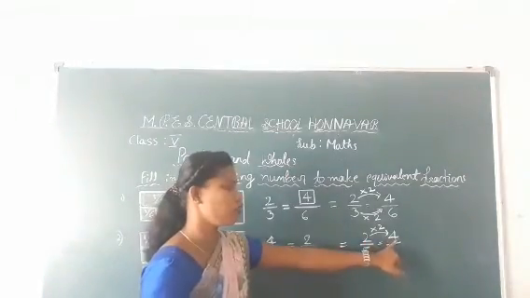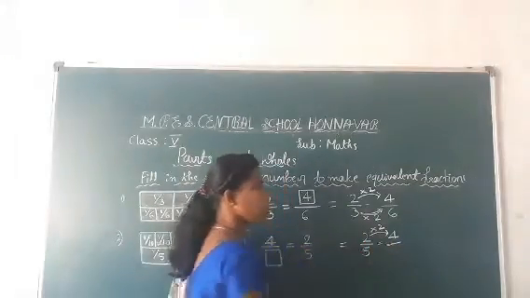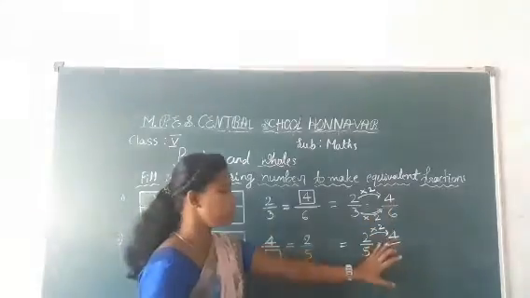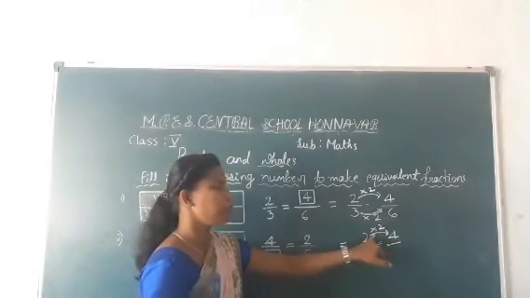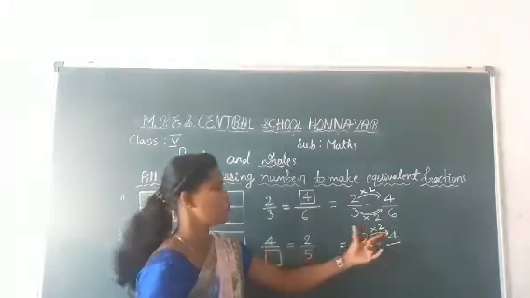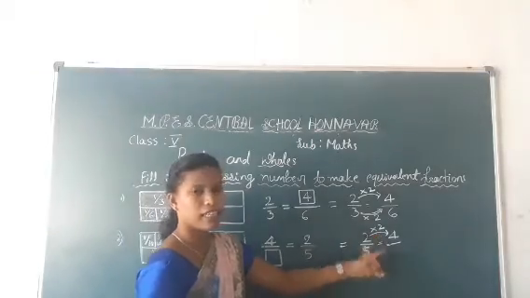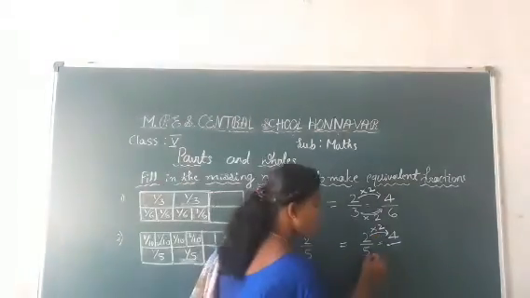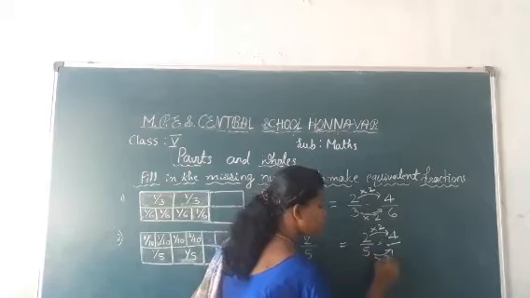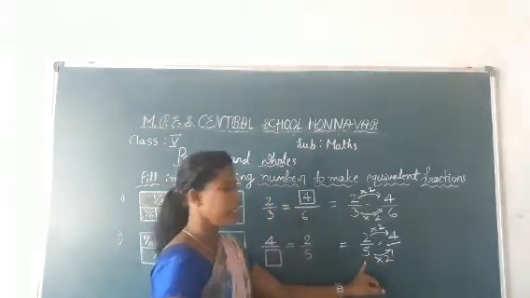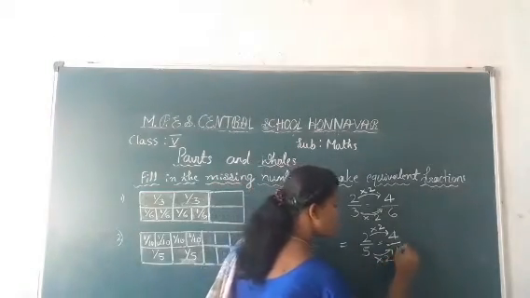2 2s are 4. So we know an equivalent fraction is what we get if you multiply the same value in the numerator as well as the denominator. So if you multiply by 2 in the denominator, 5 2s are 10.